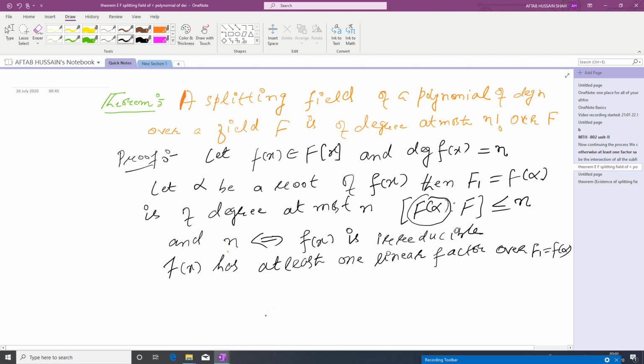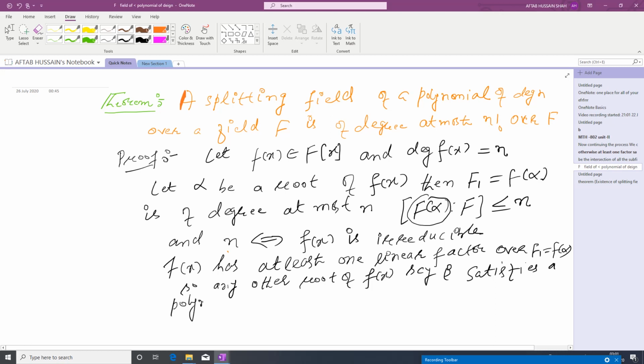So any other root of f(x), say beta, satisfies a polynomial of degree at most n minus 1 over F1.